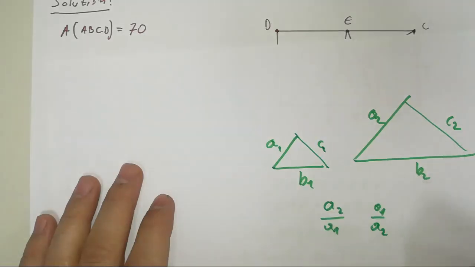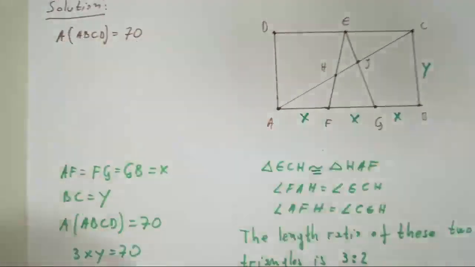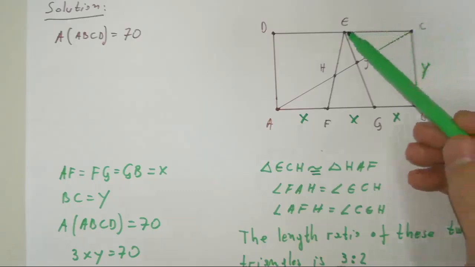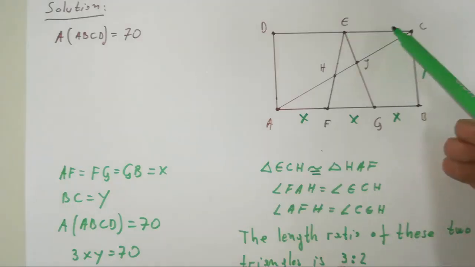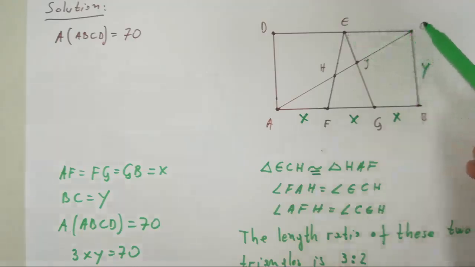It depends how you take them. In this case, the length ratio of these two triangles is 3 to 2. How do we know that? This side here, it's 3. This side here. Or better, give it a try first if you can continue to solve the problem from here. It may be a good hint for you.